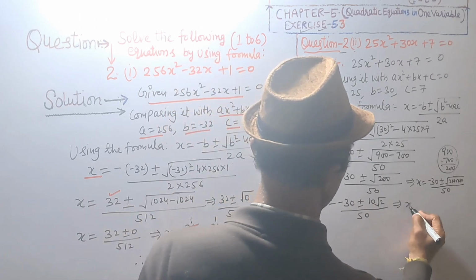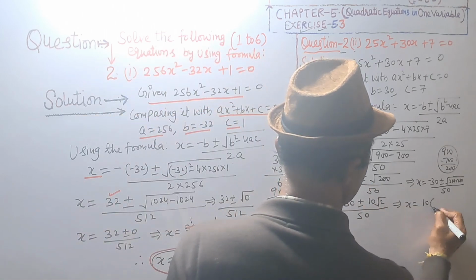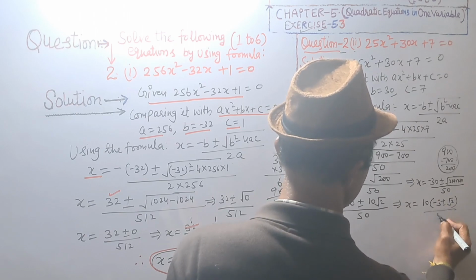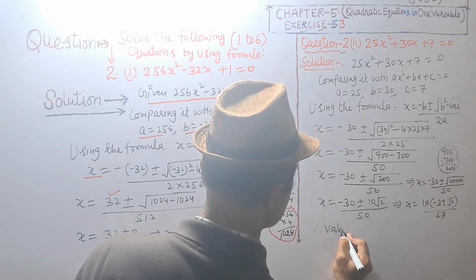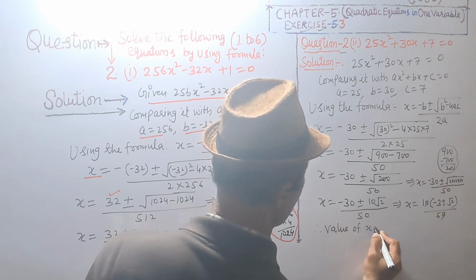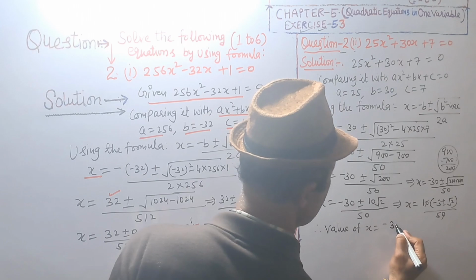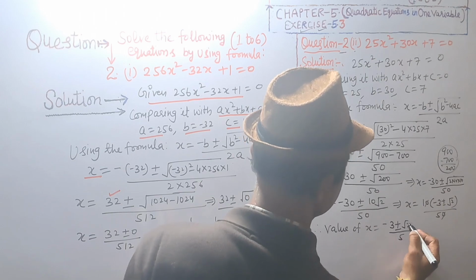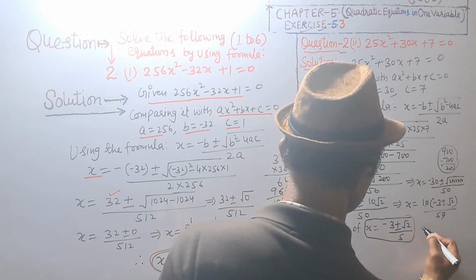This implies value of x we get 10 is taken common and in bracket minus 3 plus minus root 2 divided by 50, 0 is cancelled. So value of x we get minus 3 plus minus root 2 upon 5. Answer.